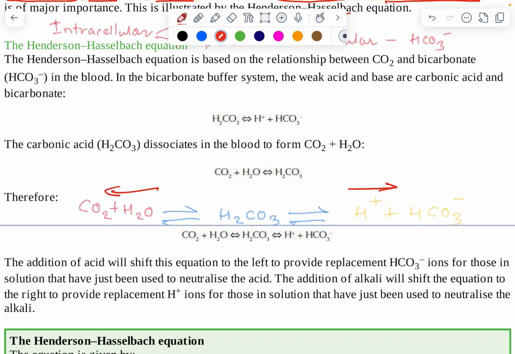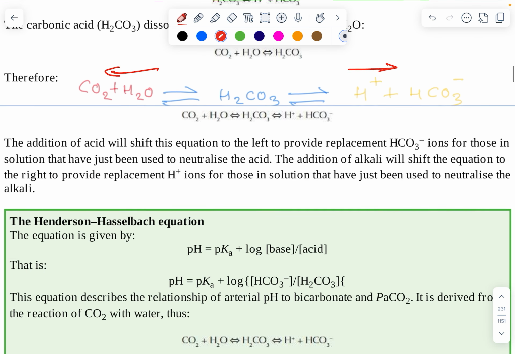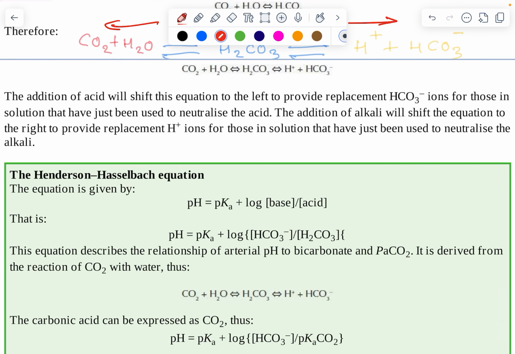So addition of acid shifts the equation to the left, to provide replacement of bicarbonate ions used to neutralize acid. Addition of alkali shifts the equation to the right, to provide hydrogen ions. If acids are added, it shifts to the left and bicarbonate needs to increase.